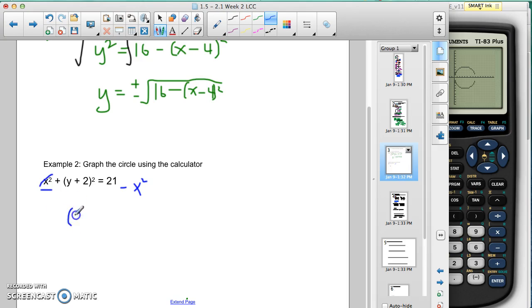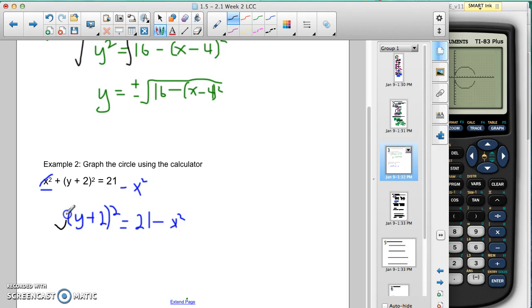So my first step would be (y + 2) squared equals 21 minus x squared. Okay, once I have that, then I still have to follow the same step here. I'm going to need to get rid of this square.